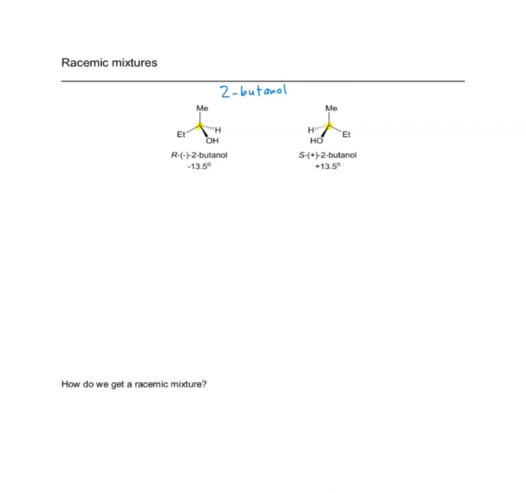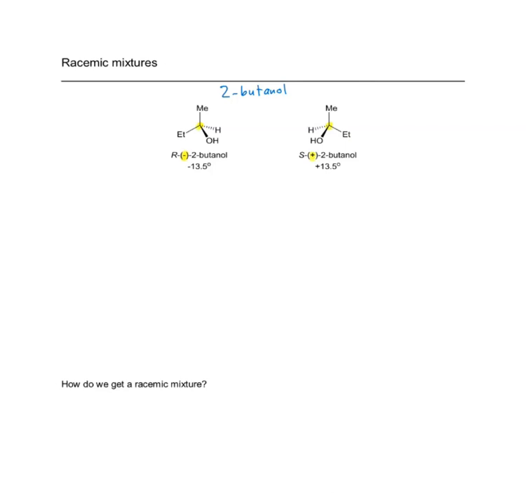The one on the left happens to be R, I'll leave it to you to confirm that, which means that its enantiomer is S. If you've done the experiment, you can show the plus or the minus in the name. That tells you which direction the plane polarized light was rotated by the sample. Minus does not necessarily correspond to R, and plus does not necessarily correspond to S. There are plenty of examples where it's S minus something and R plus something.